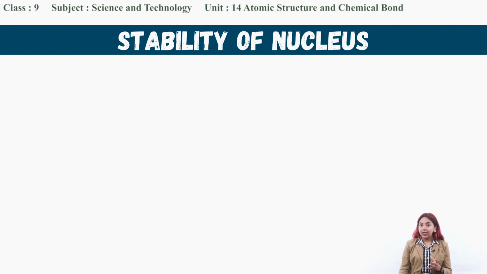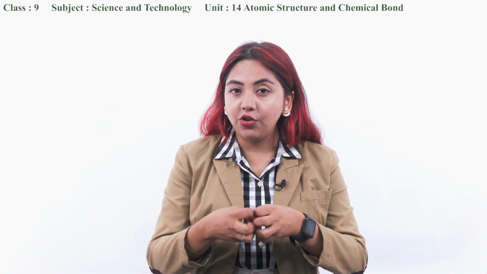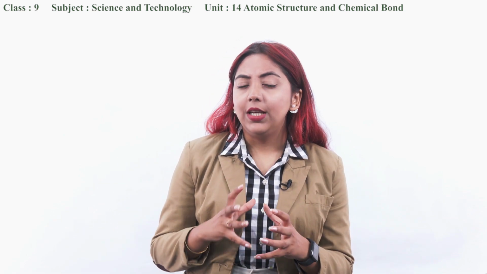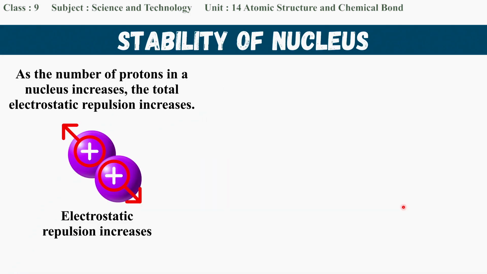Now, we have studied that protons and neutrons have strong nuclear force and two protons have electrostatic repulsion between them. Electrostatic repulsion is a repulsive force and the strong nuclear force is an attractive force. So, in an atom, if the number of protons in the nucleus increases, then what happens?